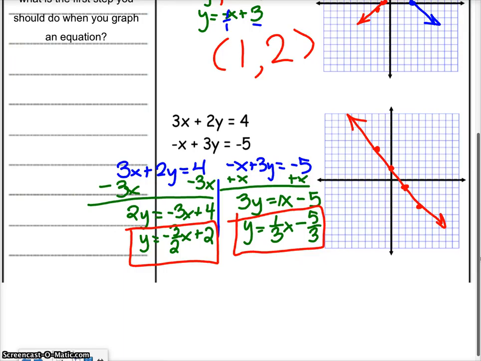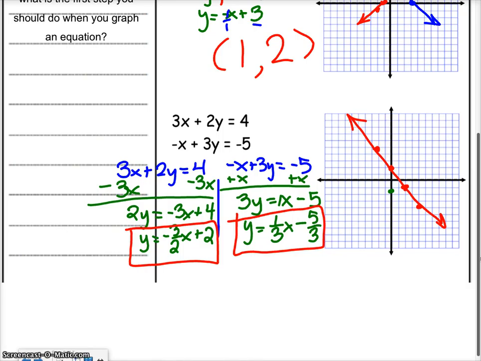And I really don't love this next slope, or that next y-intercept. What's 5/3? That's a repeating decimal. Kind of close to 1, or -2. Yuck. Okay, so I'm kind of close to -2.